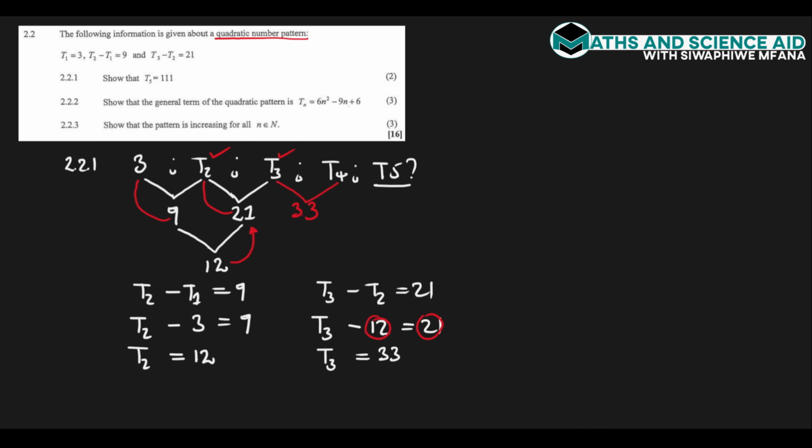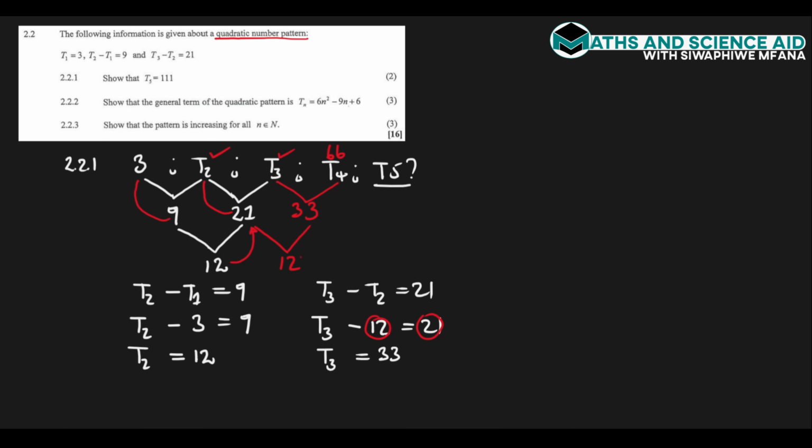So again, in order to work out T4, we simply need to add 33 to T3. And what's the value of T3 again? It's 33. So this time around, we are adding 33 plus 33. And that is going to give us the value of T4, which is 66. And again, don't forget that here we have a constant difference of 12.